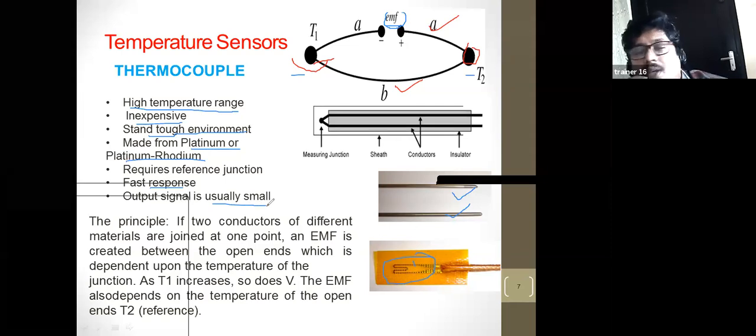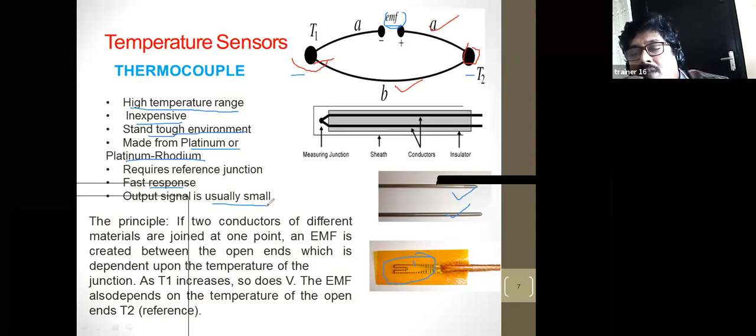Already in the instrumentation and control system, you measured with the help of the thermocouple sensor. Already you measured the temperature. So in a small vessel, you are filling with water, and a heater is there, and then the temperature of the water increases.